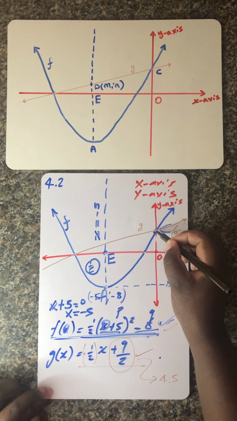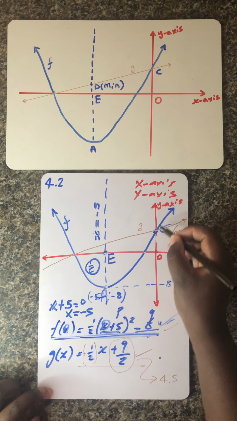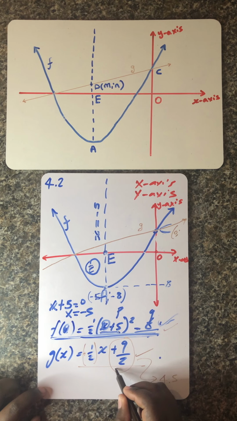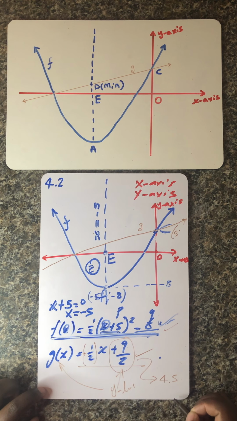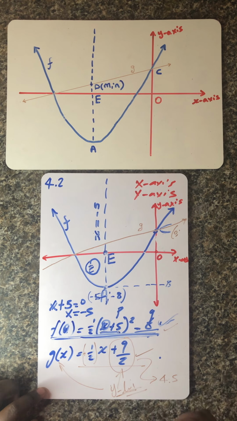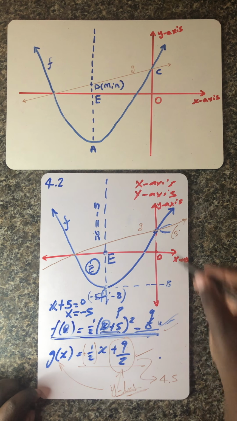But because the graph of G cuts the y-axis at that point, and we're given the equation, this is the y-intercept of the graph of G. So guys, every time someone says y-intercept or x-intercept, they're simply saying where that particular graph touches or cuts the y or x axis.